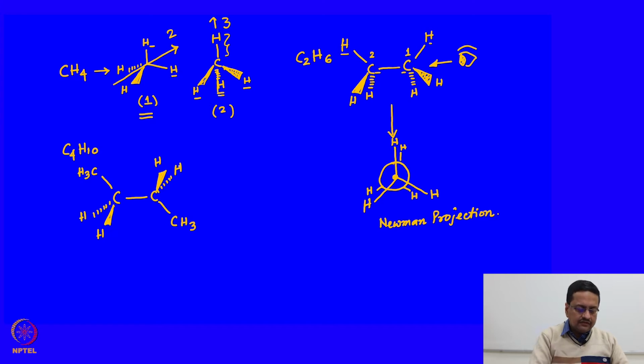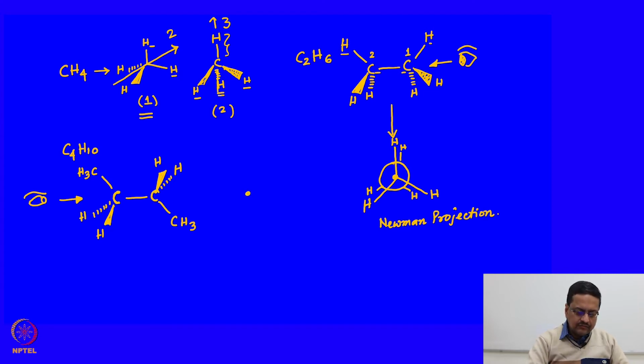So, if we look at this molecule, suppose from the left hand side, this carbon is my front carbon and the second carbon is the back carbon.